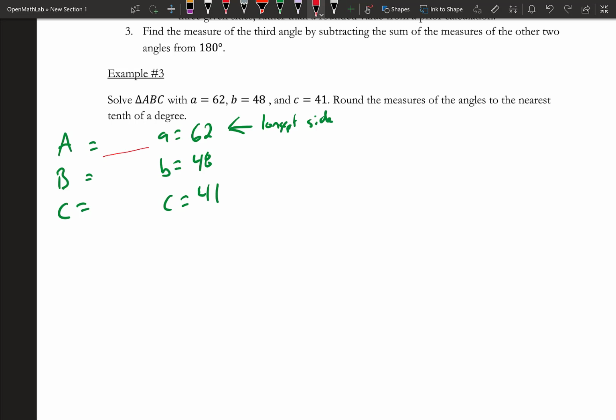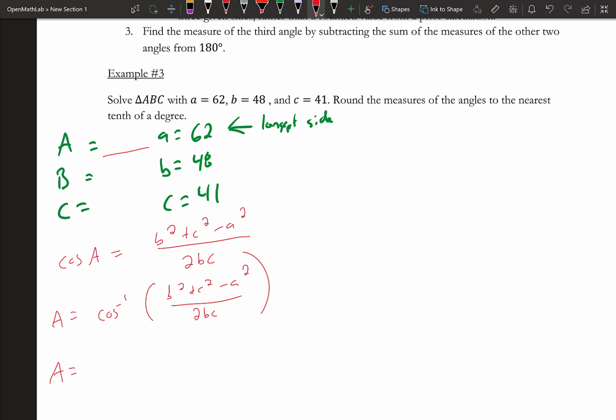So the alternate form for A would be cosine of A equals b squared plus c squared minus a squared all over 2bc. And I can also just write this as A equals arc cosine of b squared plus c squared minus a squared all over 2bc. So now I can just plug in what I know.